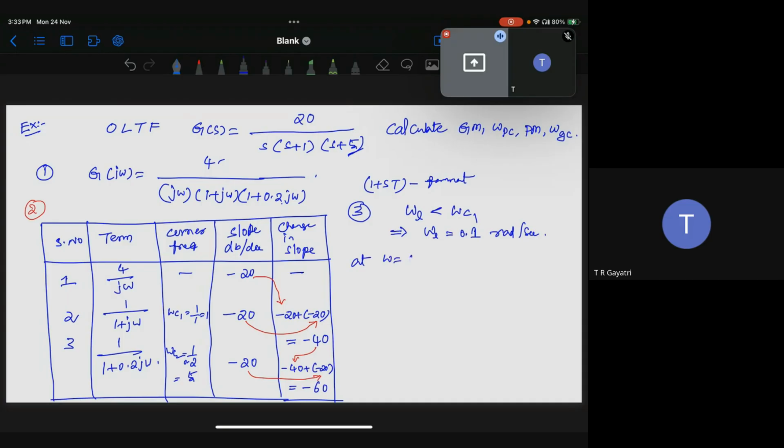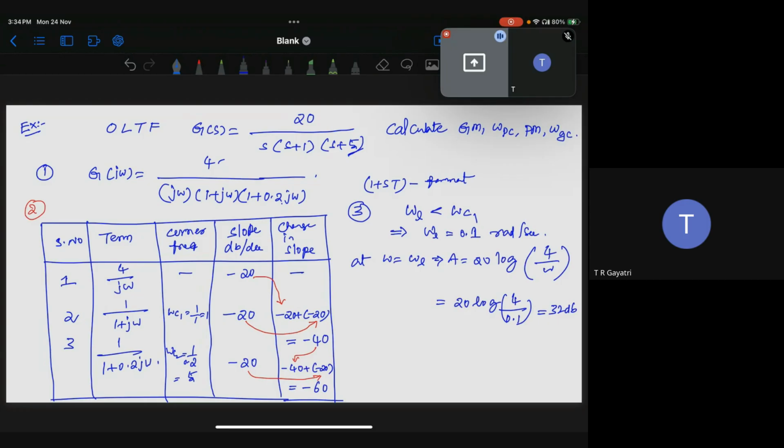Okay, so what is the first one? At omega is equal to omega L, A is equal to 20 log 4 by omega, the first one. So we do the calculation. That is 20 log 4 by 0.1. Okay, so we'll get 32 dB.